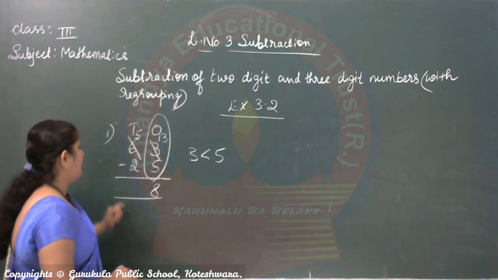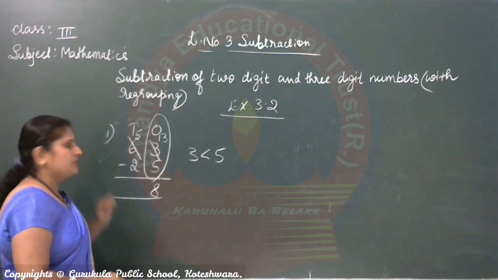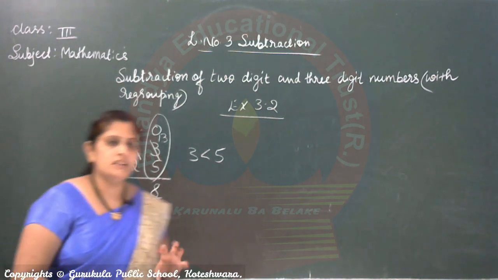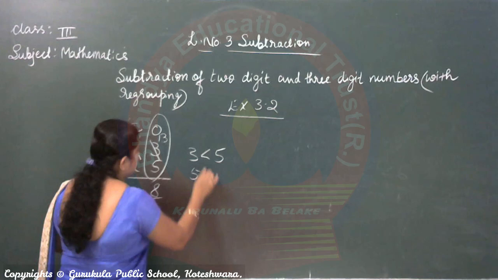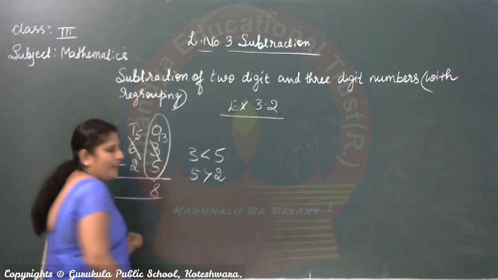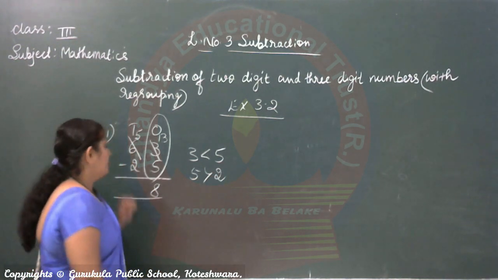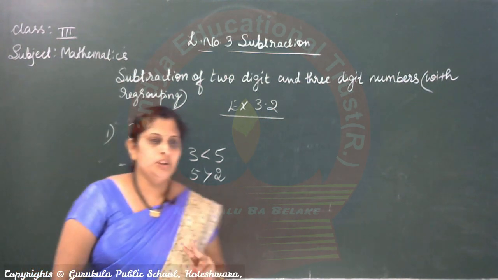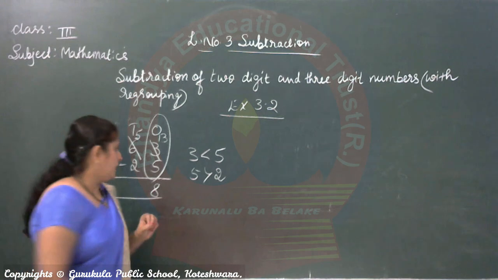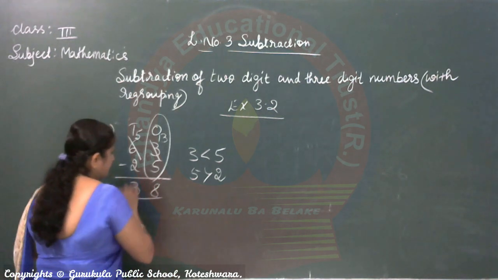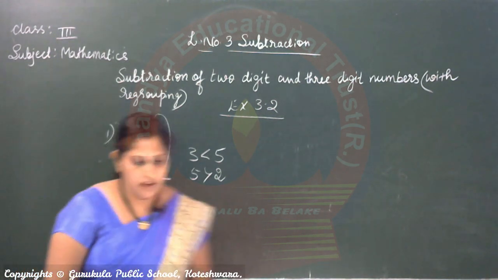Now in the tens place, 5 minus 2. We can subtract, because 5 is greater than 2. 5 in your mind, 2 in your hand: 4, 5, 4, 3. So 38 is the answer.